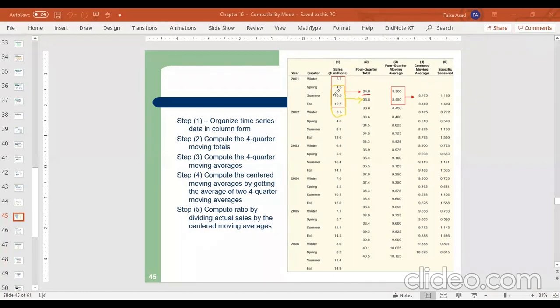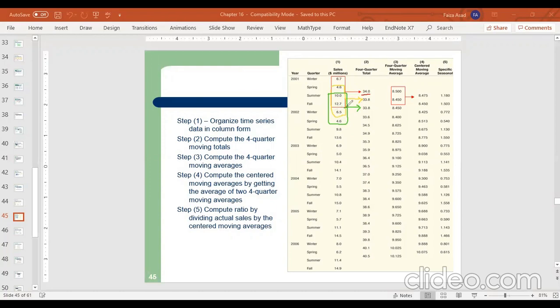The next 4 quarters will be these 4 values, and the third. So we are writing the summation of these 4 values in the middle of the 4 values.